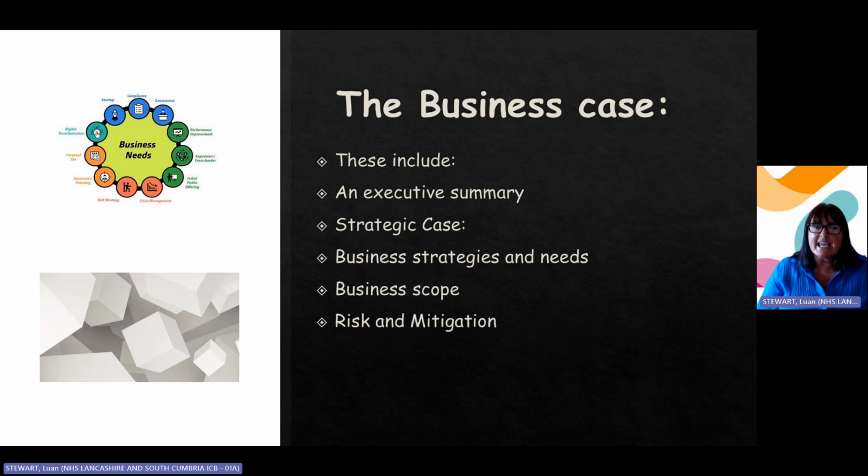You need a strategic case: why we're doing this, what our thoughts and aims are behind this, our business strategies and needs, our business scope, and our risk and our mitigation. So we do always need to look at the risk involved, whether that risk is financial, whether it is a recruitment risk. We have to plan for failure to hopefully stop that failure happening. So that's why that needs to be there within that business case.